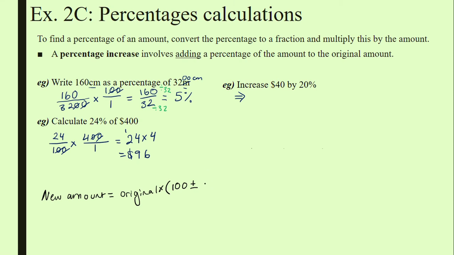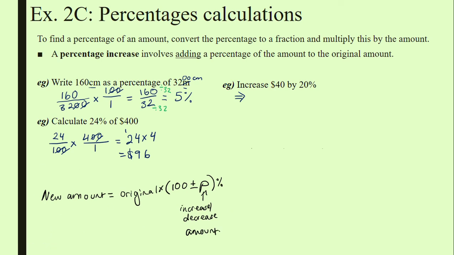The percentage, so the amount that you're adding on, we're going to make sure that's converted to a decimal as well, okay? Let's call it P, because it's the percentage amount that we're increasing by, so increase or decrease amount. You will see this formula again in the next 3 to 4 years of your education, okay?